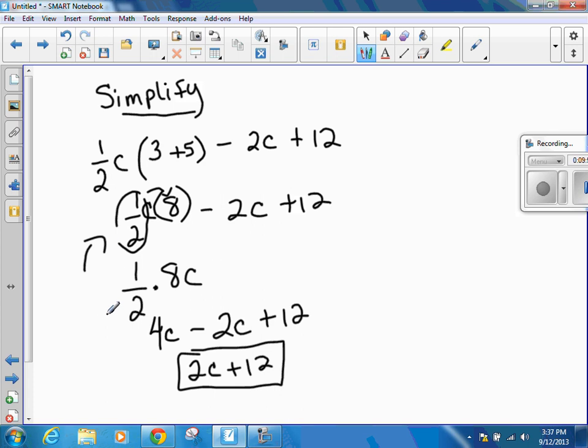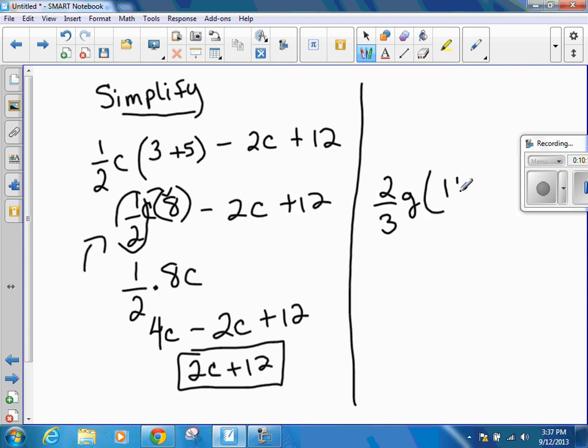Let me know if you don't understand this. This is the same as, let me give you another example. If I have 2/3 times g and then 1 plus 2. I'm going to do my 1 plus 2 first, which is 3. And for a moment, I'm just forgetting about this g here, and I'm really just going to multiply this fraction by this whole number.